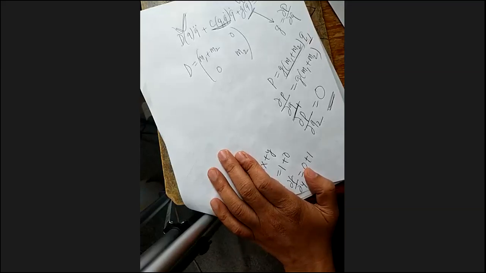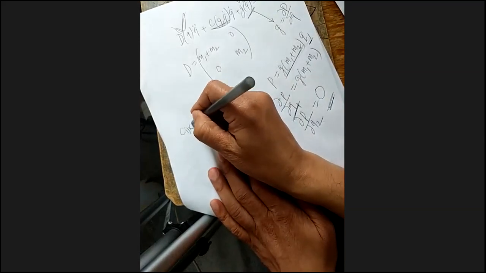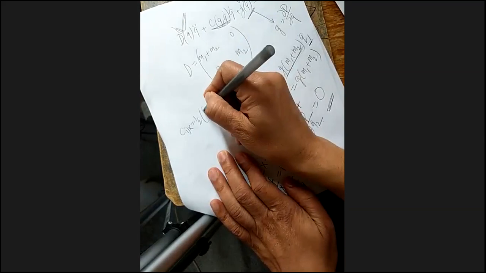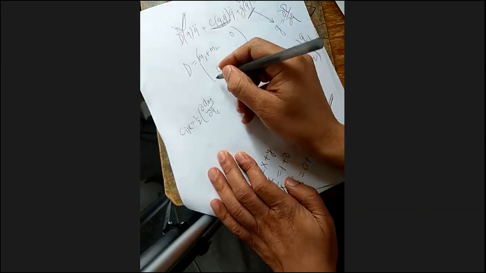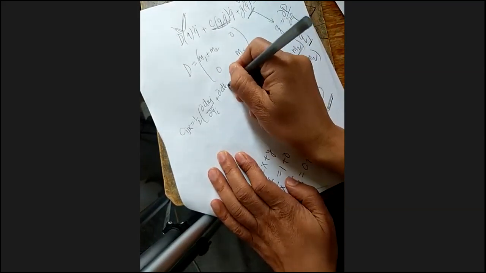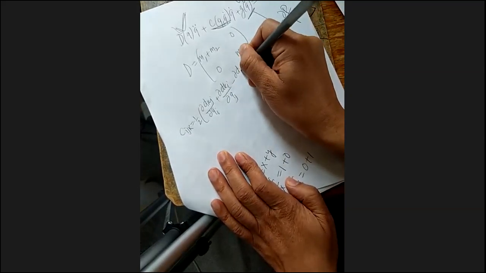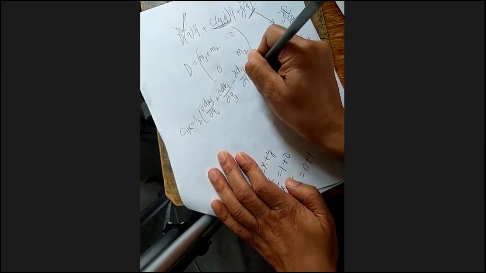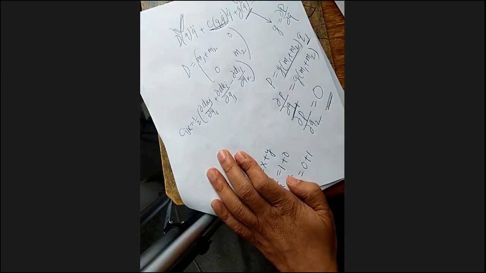To find the C matrix, we have to use that formula: C_ijk equals 1/2 times the partial of d_kj with respect to q_i, plus the partial of d_ki with respect to q_j, minus the partial of d_ij with respect to q_k, right? That's my C_ijk. Now your goal is to figure out this matrix.